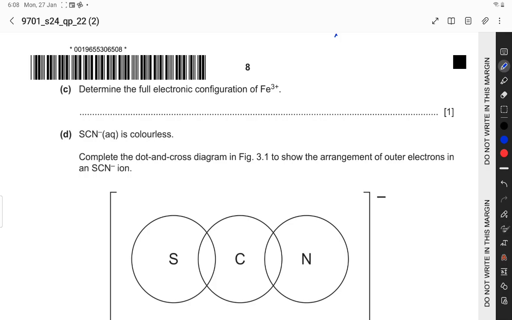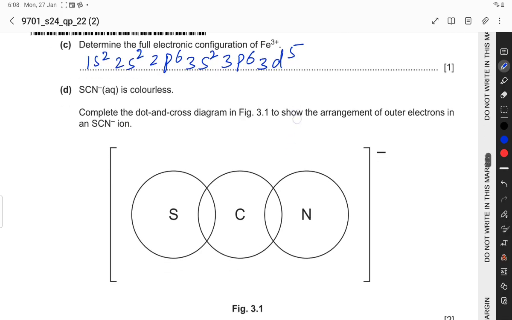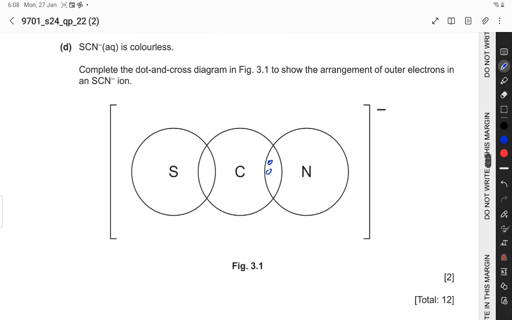Determine the full electronic configuration of iron 3 plus. This is 1s2, 2s2, 2p6, 3s2, 3p6, and 3d5. And over here, this is because the cyanide ion is like this.